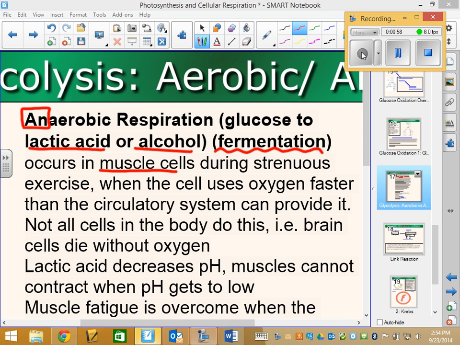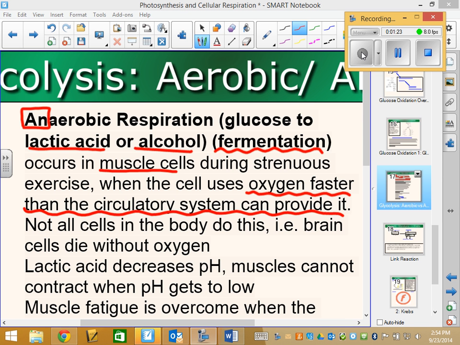And the thing that I maybe want to add on here is this point. What's really happening is not that you have no oxygen available at all. It's actually that your cell is using oxygen faster than your circulatory system, so then your blood, can provide it to you.